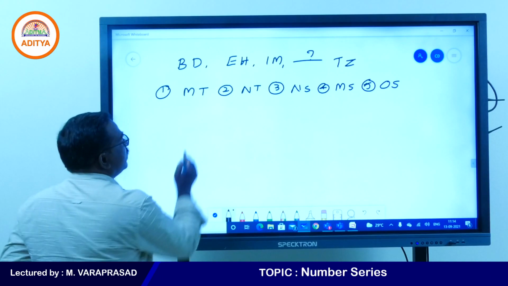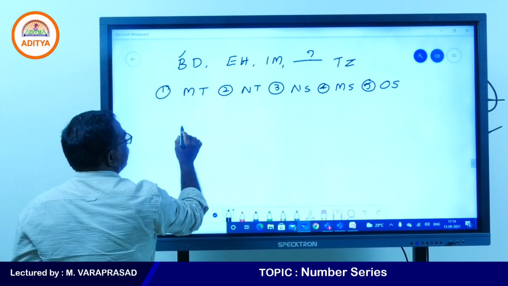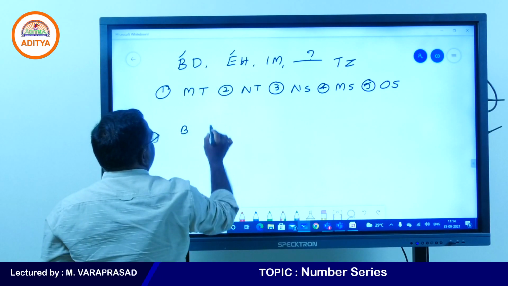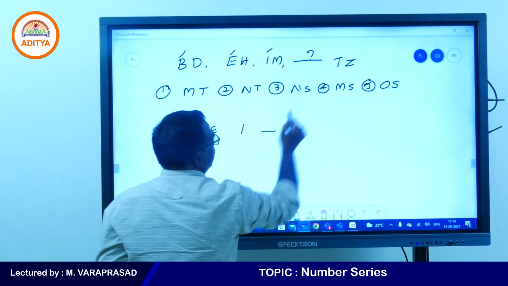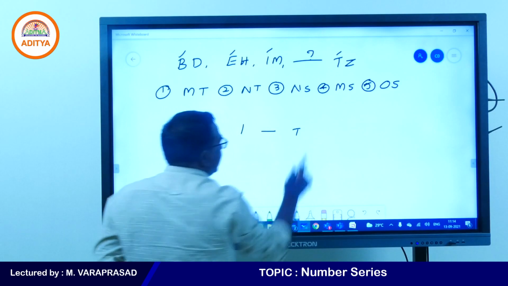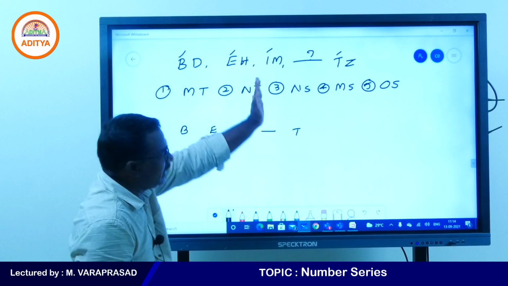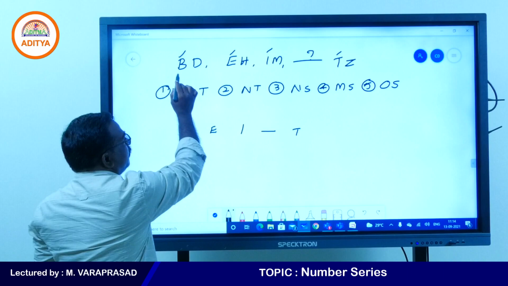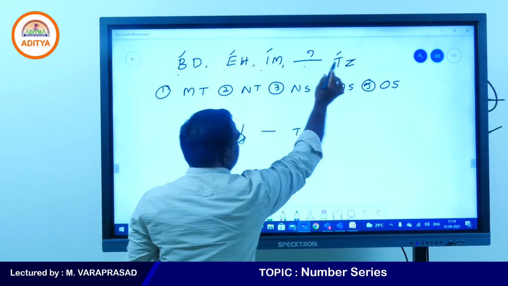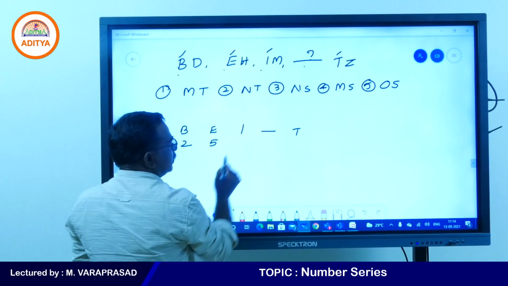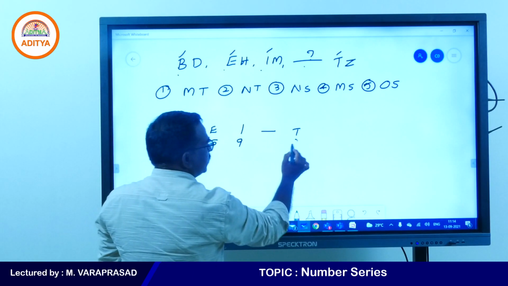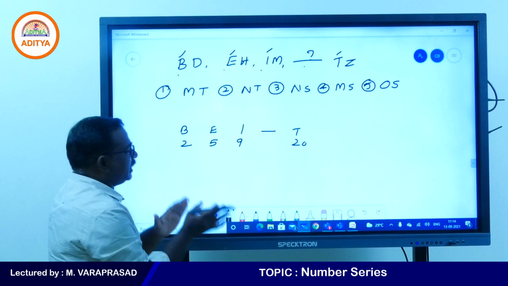Suppose you take the first letters: B, E, I, the empty place, and T. I am taking the first letters in the given series: B, E, I, question mark, T. So the second letter, fifth letter, 9th letter, and this is the 20th letter. What is the difference you see?